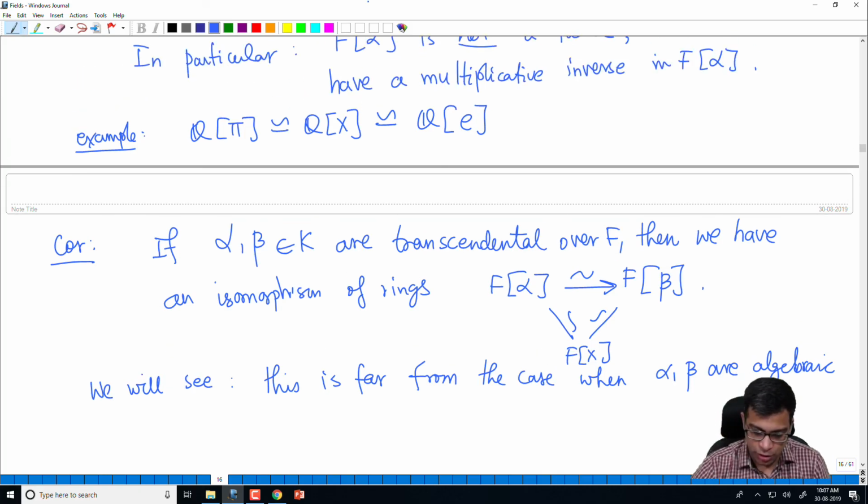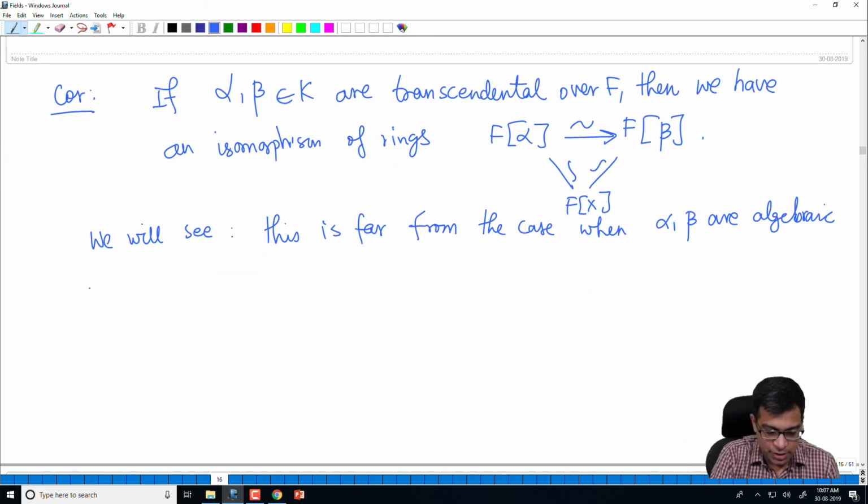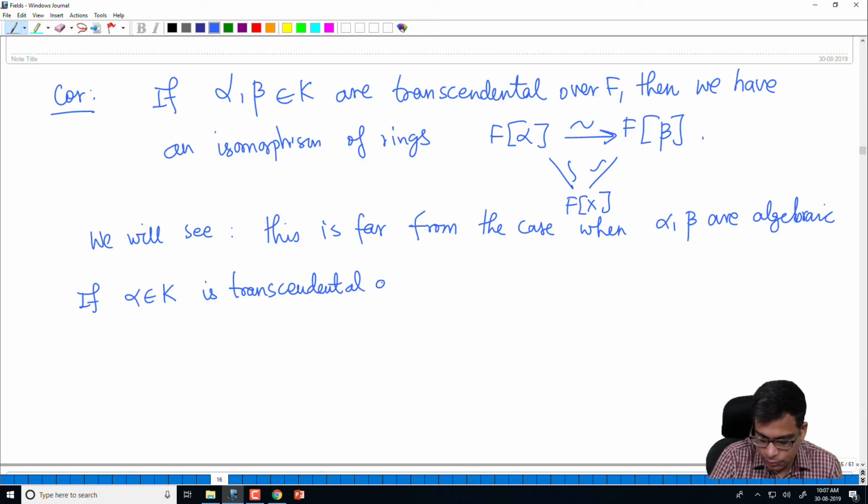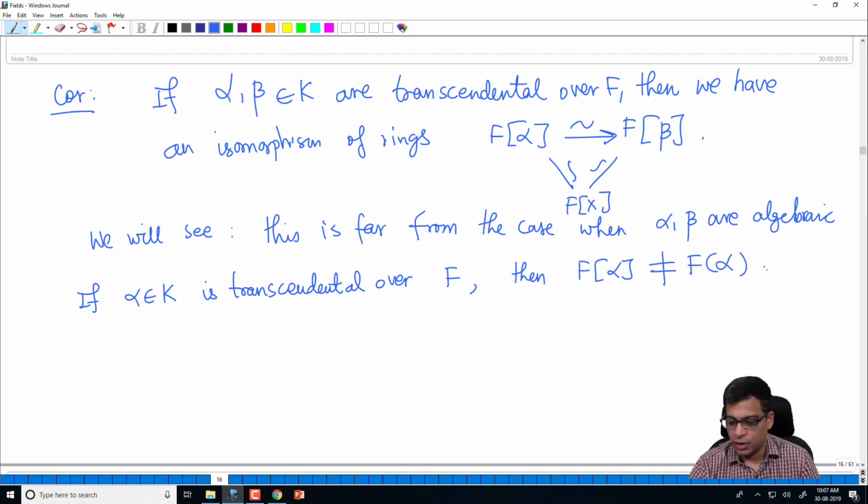So also I should remark that as a consequence, if alpha is in K and it is transcendental over F, then F[alpha] is actually not equal to F(alpha). This is another difference between algebraic and transcendental elements. F[alpha] is merely a ring and not a field.